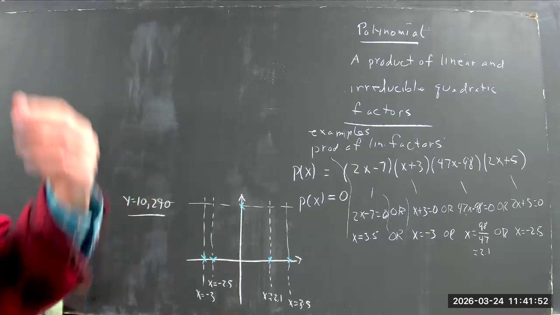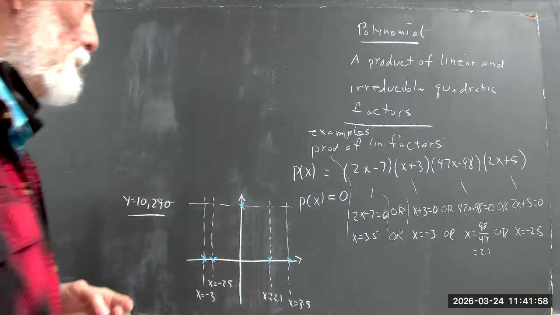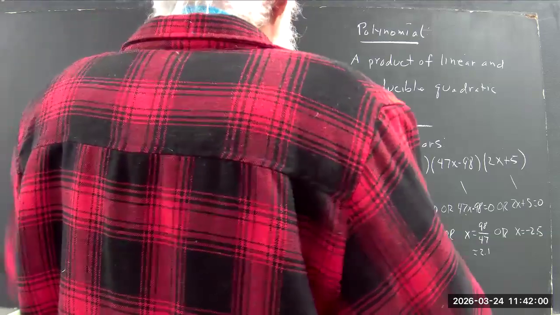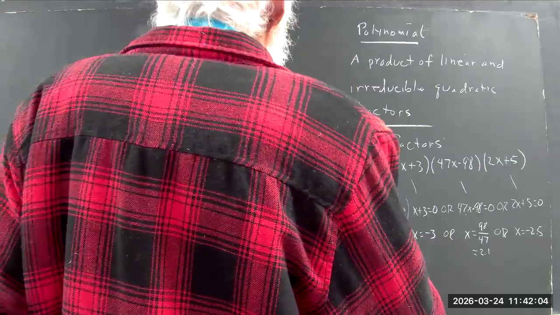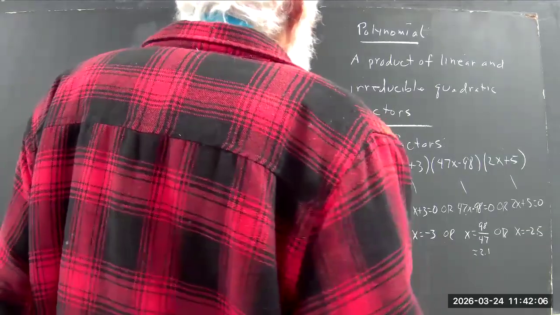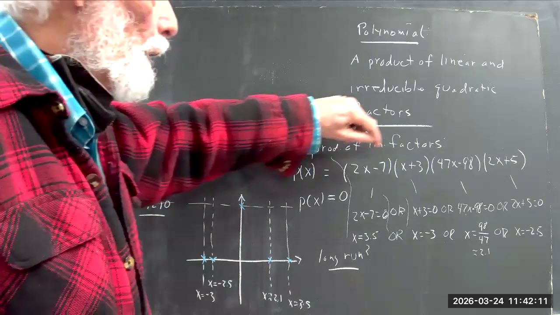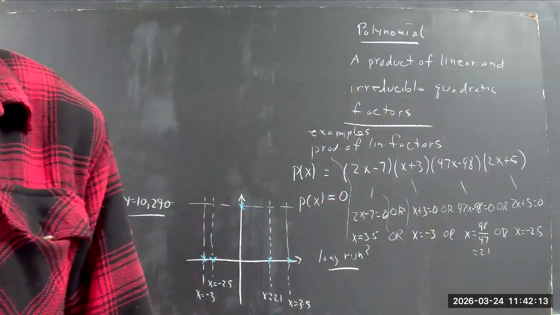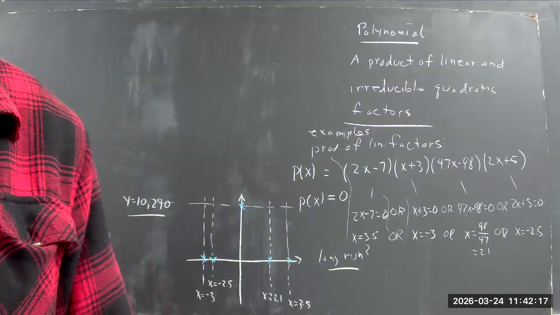Now, the first section in the chapter asks about the long run behavior of some power functions. Okay, if I multiply all of this out, use a distributive law to multiply the whole thing.